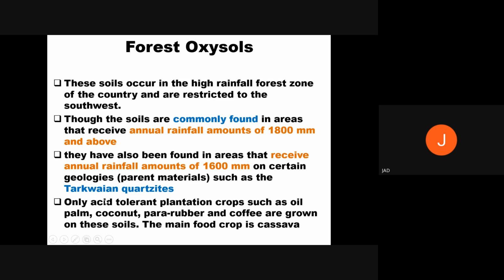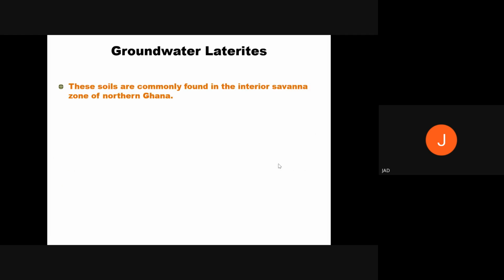So it's not suitable for cocoa production. But it is there for coconut, then para rubber. You go to Bonsa, you have miles of para rubber plantation. Then groundwater laterites. These are commonly found in the interior savanna zone of northern Ghana.